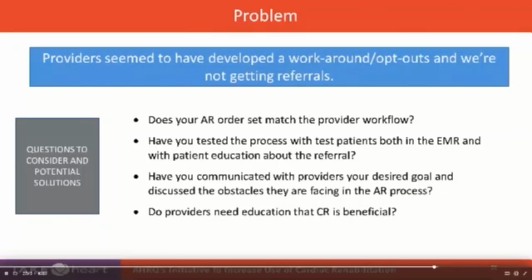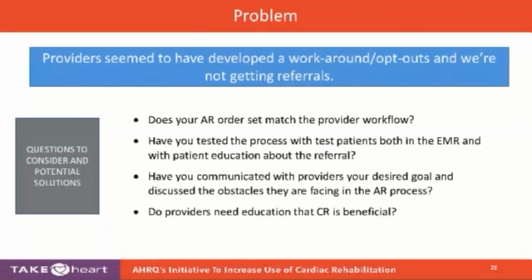Yeah, so that's an excellent question. What we did, because I was very involved in actually creating the order myself, and I serve as the assistant director of cardiac rehab, is that one of the things I wanted to ensure, and I agree with this comment, is that the admitting diagnosis is oftentimes quite different than the discharge diagnosis, and doesn't necessarily mean that that person will qualify for cardiac rehab.